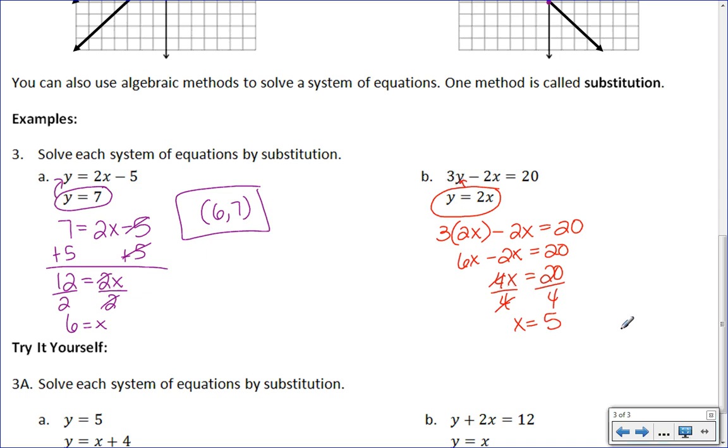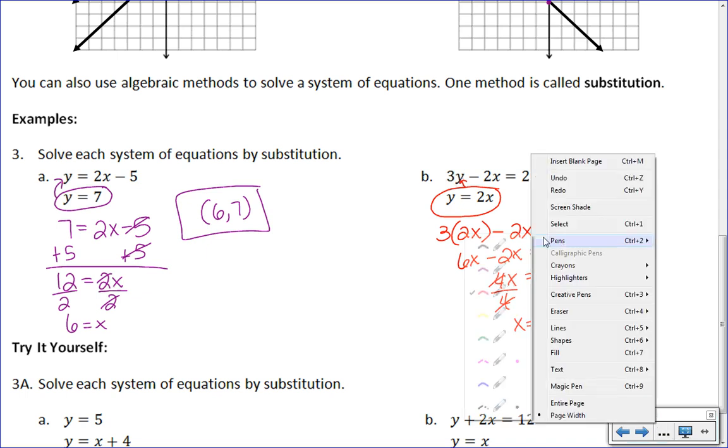Okay, now remember again, the solution to the system is an ordered pair. It has to have an x and a y coordinate. Well, unlike the previous example, where we knew already what y is, here we don't. All we know is that y is equal to 2x. But if we know x, we should be able to find what y is now.